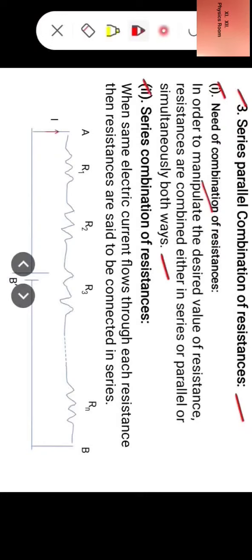Now second, series combination of resistances. That is how we connect resistances in series. When same electric current flows through each resistor, then resistances are said to be connected in series. Looking at the diagram, resistances R1, R2, R3, Rn are connected end to end alternately.